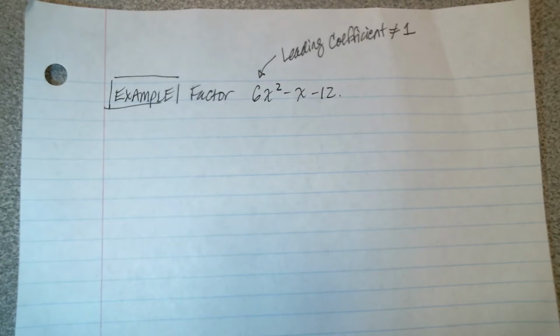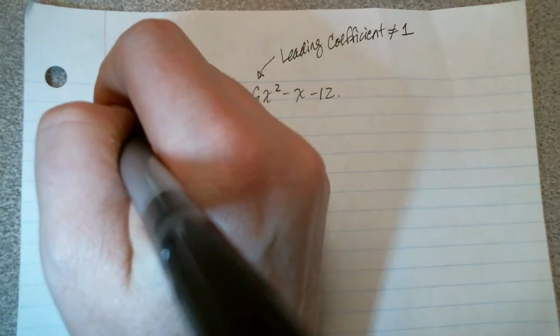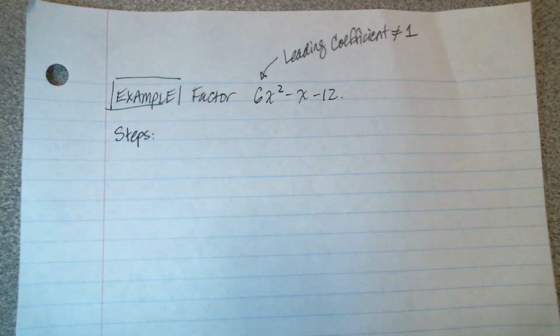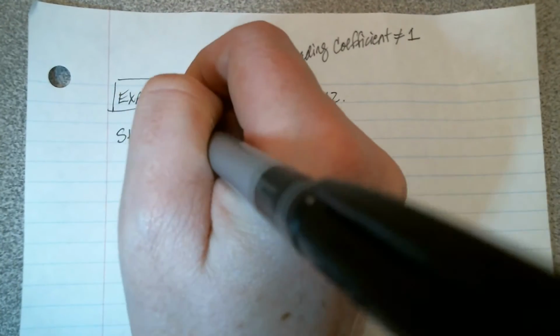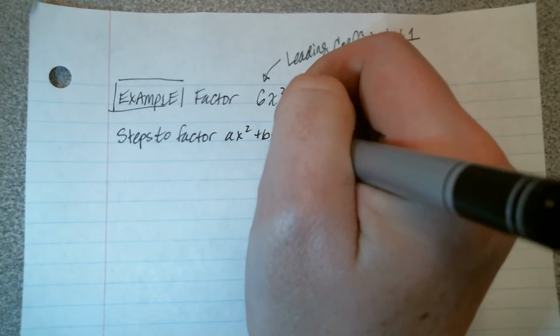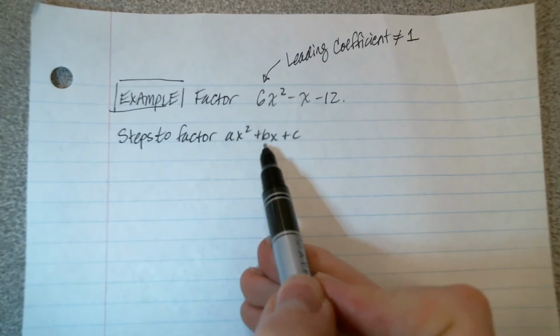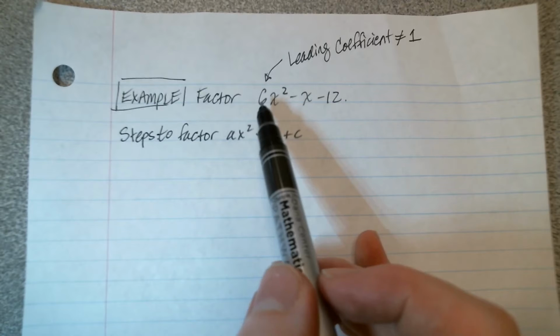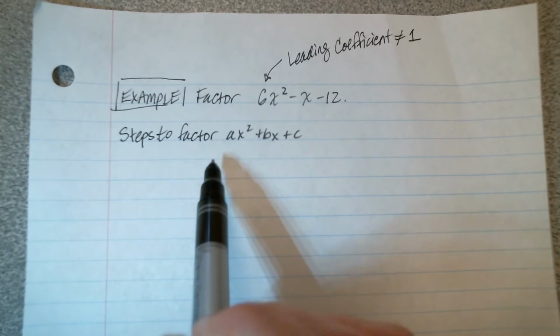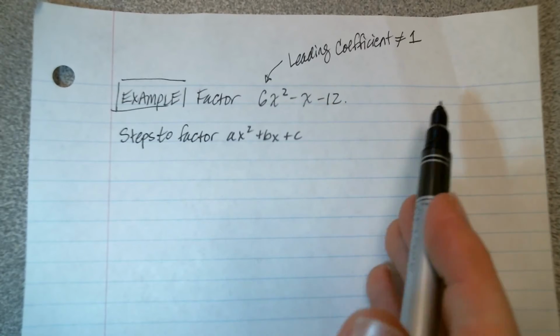Okay, so I'm going to give you the steps for this one. Let's say our trinomial, the steps to factor ax squared plus bx plus c. A, b, and c are holding the places for my coefficients. I'm giving you the generic steps. You can use it on any example like this one.